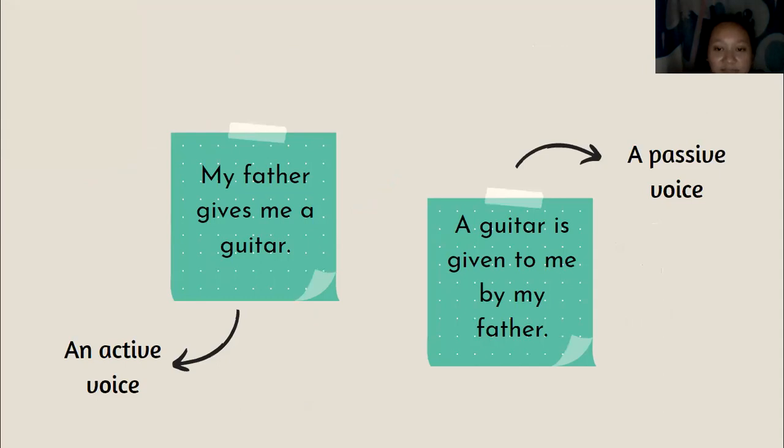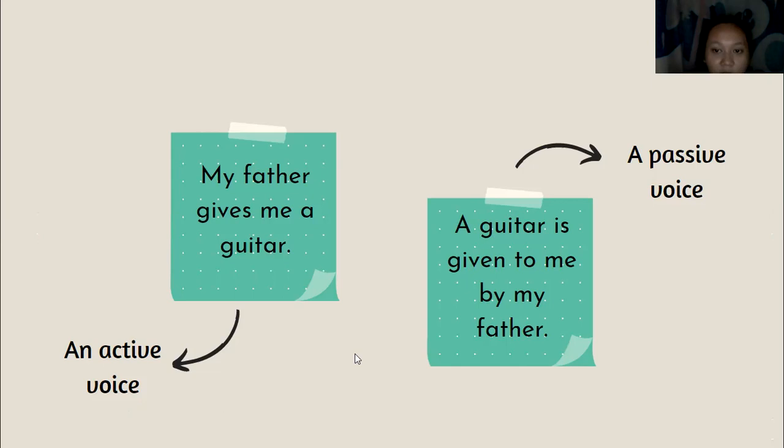These are the differences between these two sentences. The left sentence is an active voice, and the right one is a passive voice. So what are the differences? The first one, the verb at the left side is gives, which is simple present tense.